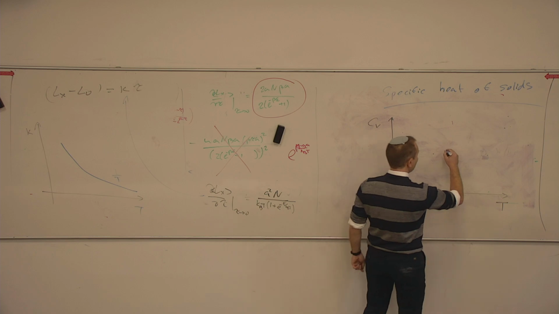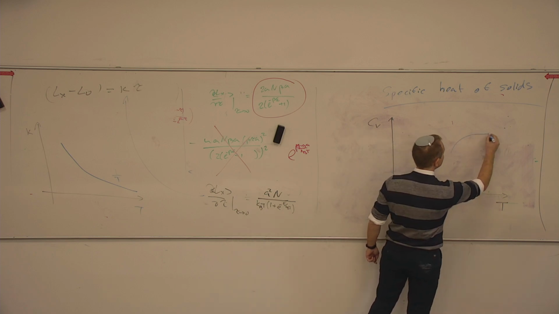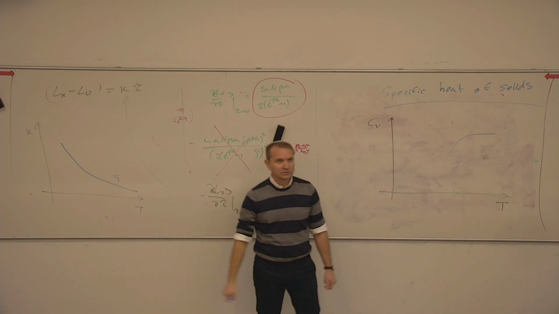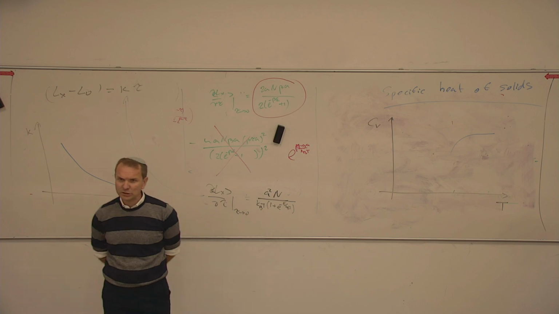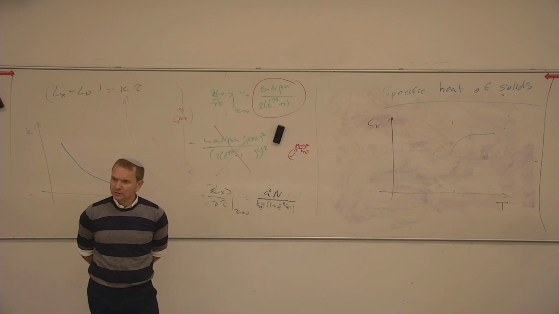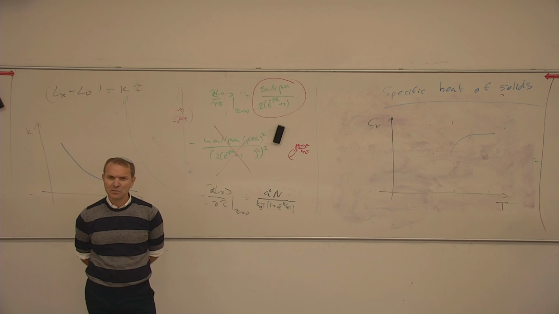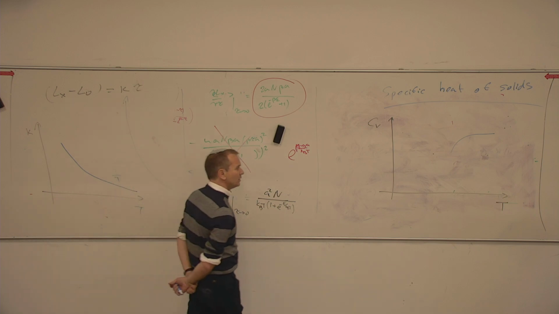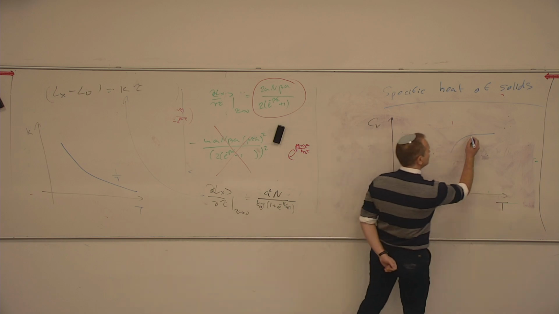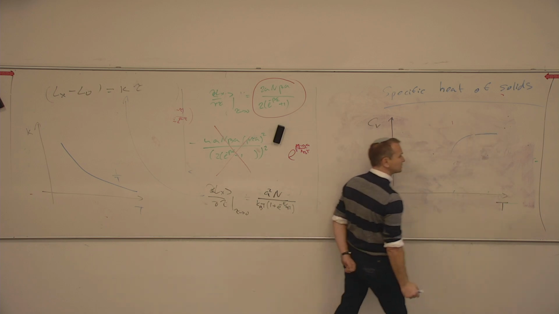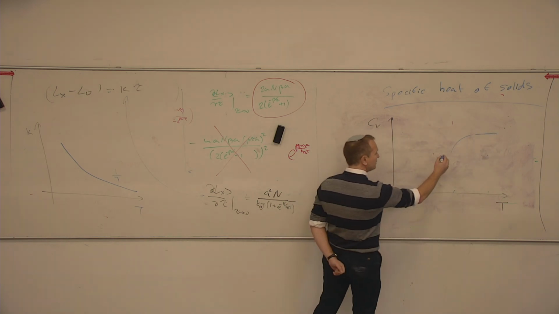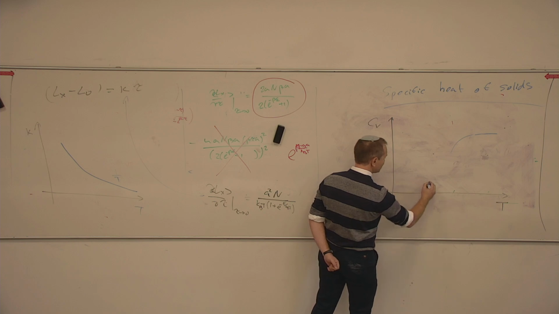First of all, for high enough temperatures, the specific heat will converge to a constant. Not just any constant, but a very specific constant. We'll describe what this constant is.